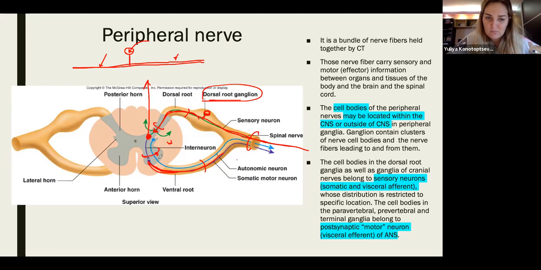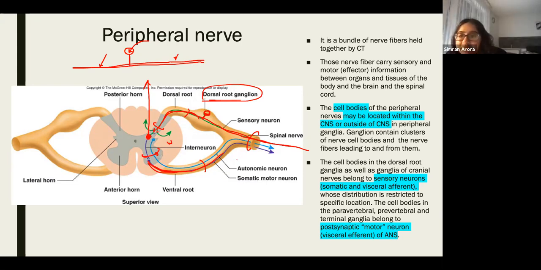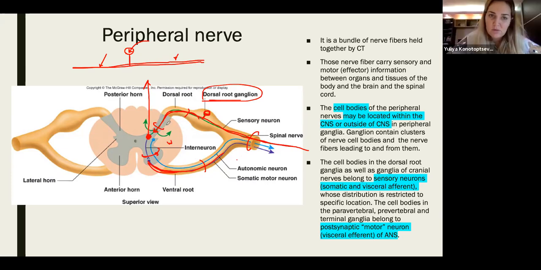In the gray matter, but specifically, how do we call this? The posterior horn of the spinal cord. So the synapse of the sensory neuron will be happening in the posterior horn of the spinal cord. Is it clear? Yes.